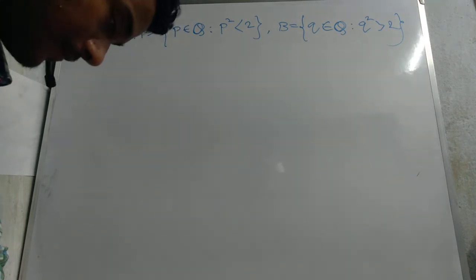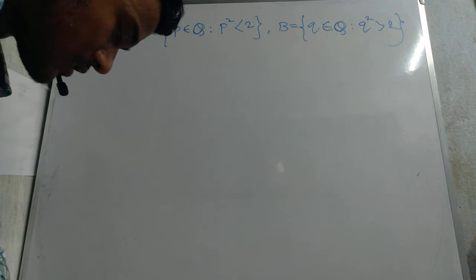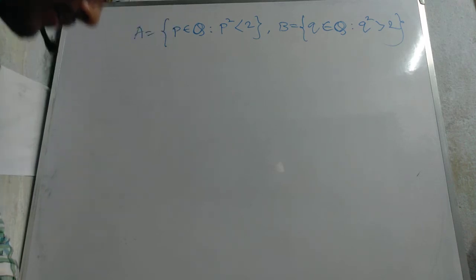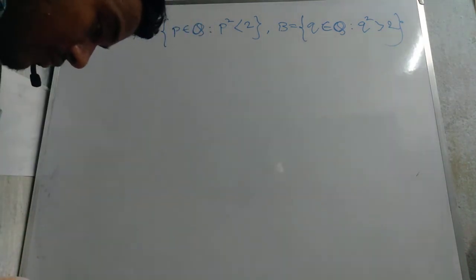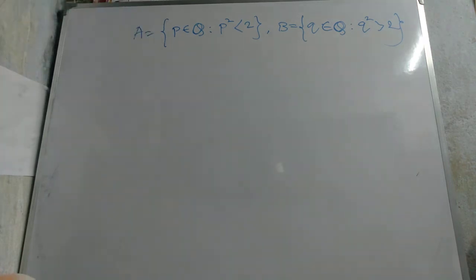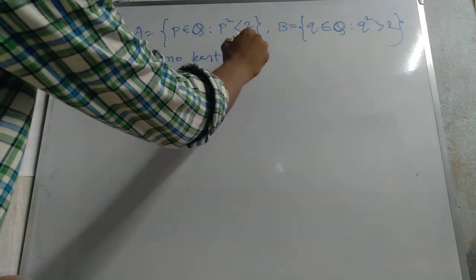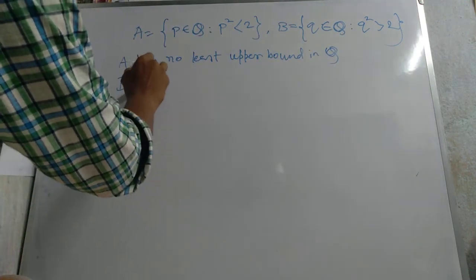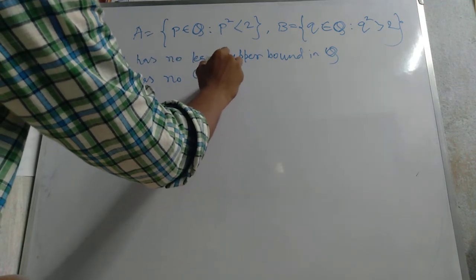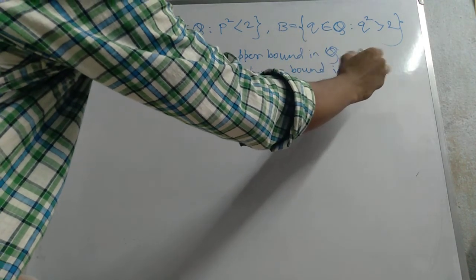We find that A has no largest number, and B has no smallest number. Here A has no least upper bound in Q, and B has no greatest lower bound in Q.